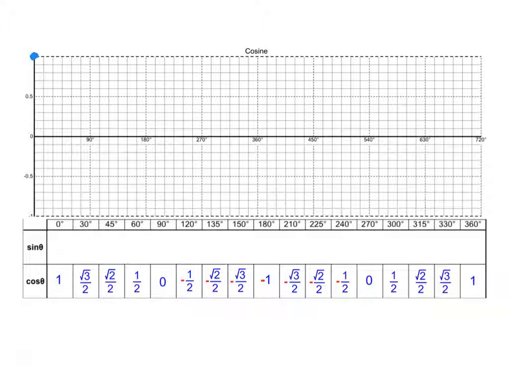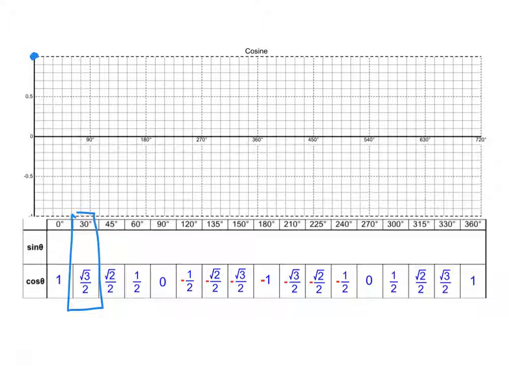All right, the next one. We need to plot a point at 30 degrees and root 3 over 2. Well, now we got to think a little bit, right? Because, first of all, root 3 over 2, where do we plot that? Probably going to be easier to have that as a decimal, right? So we can actually calculate that value.